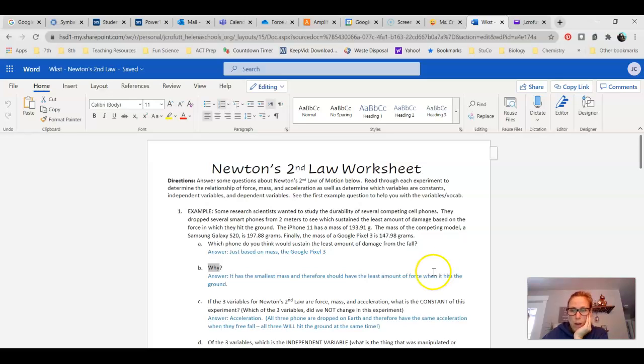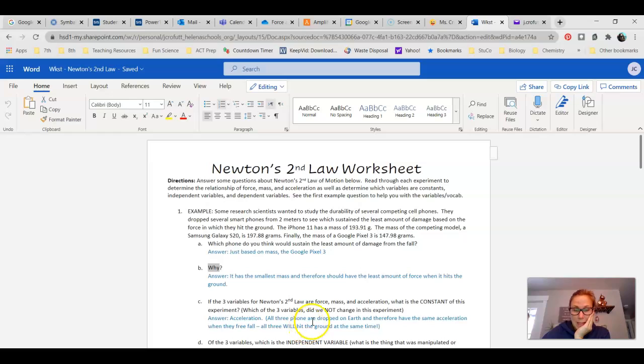One big thing that I need you to understand, and I address it in part C, is that if you drop 2 objects, a bowling ball and a tennis ball, obviously those 2 things have different mass, and this is something we go over a lot with gravity. They fall at the same time. Unless there's a difference in air resistance, those 2 balls have the same acceleration due to gravity because we're on Earth, and they will hit the ground at the same time, assuming they're dropped at the exact same time.